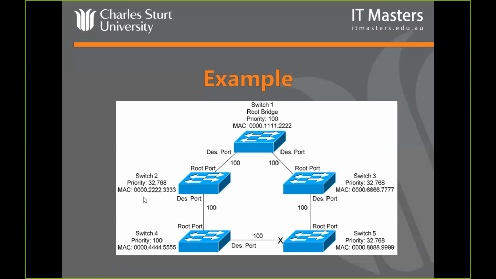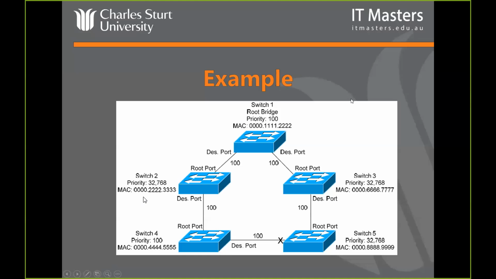Fantastic. Once we know that this guy is a root bridge, then all these designated and root ports are calculated as per our discussion we've just had. So again, root bridge doesn't have any root ports, it's only got designated ports. These guys here have one root port, which is the closest to the root bridge. So in this case for switch 2, obviously the one that is directly connected to the root bridge is the closest port, so it's the root port.